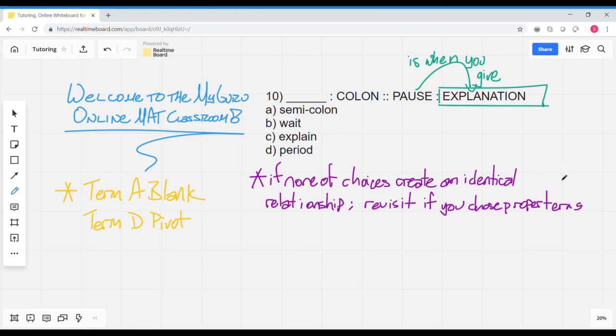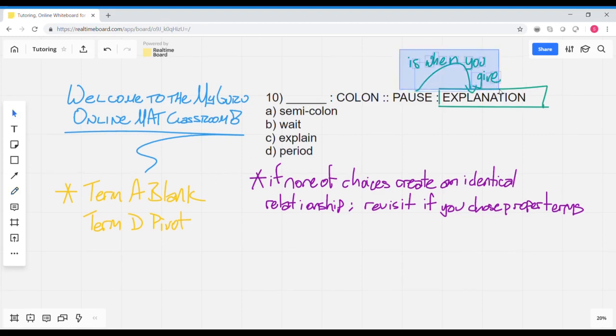So in this case, if we're looking at pause and explanation and we're to say pause is when you give an explanation, none of these things is going to be when you give a colon, right? That would make no sense. So we need to reevaluate what we originally decided and consider whether or not it may actually be a relationship to the other term, in this case, colon.